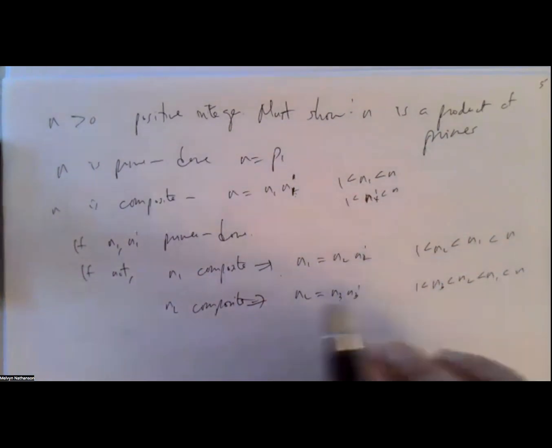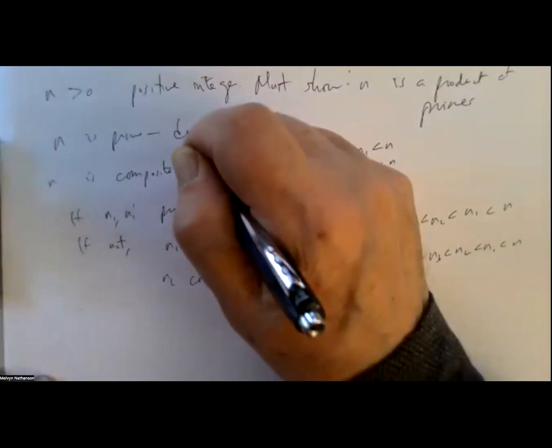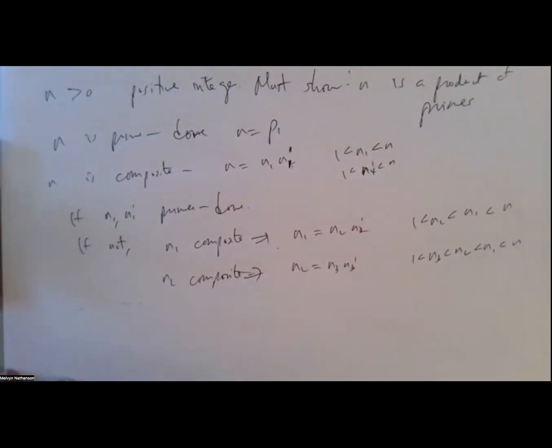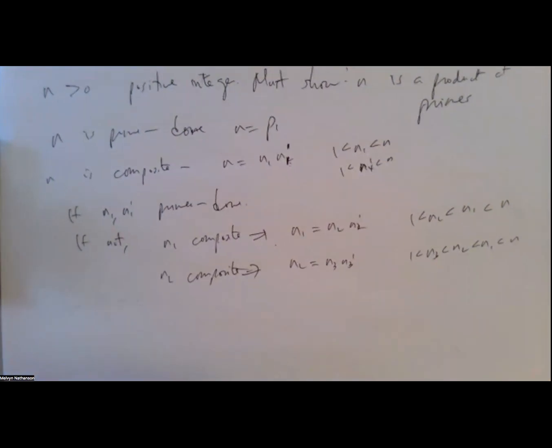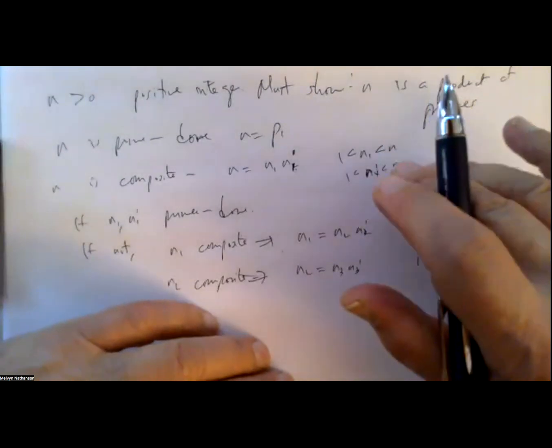So this is really an argument you have to think about for a while in some quiet place with some paper and pencil maybe. Take an integer n. If it's prime, you're done. Otherwise, it's composite, so it factors. So it's a product of two smaller numbers. Let me state it like this.